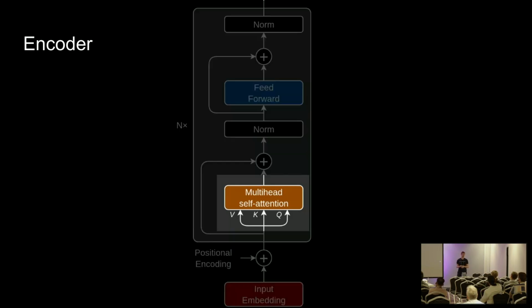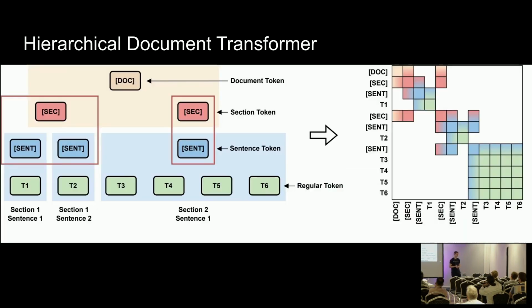I'm confused. How do you go from one hierarchy to another? Okay, I see. That detail is encoded in this matrix here. If we look at what tokens we outline, these are the basic tokens, T3 to T6. And the sentence token, if you're familiar with it, is like a CLS token for the sentence. It is a summary token that summarizes this sentence.